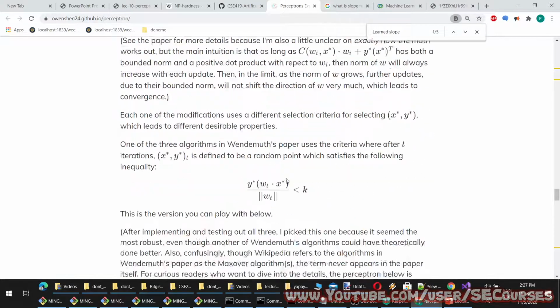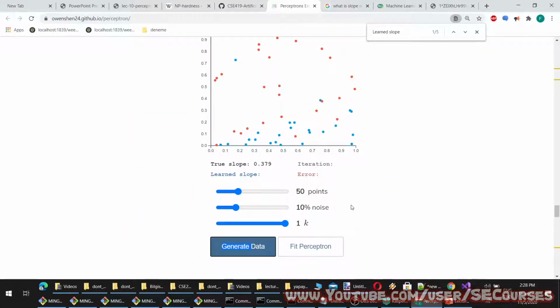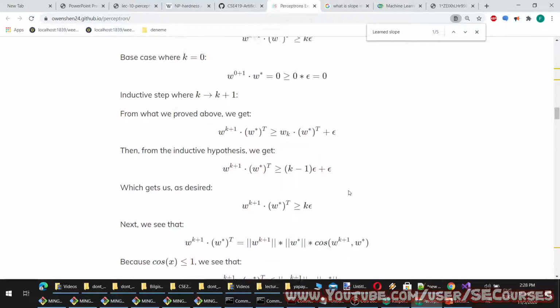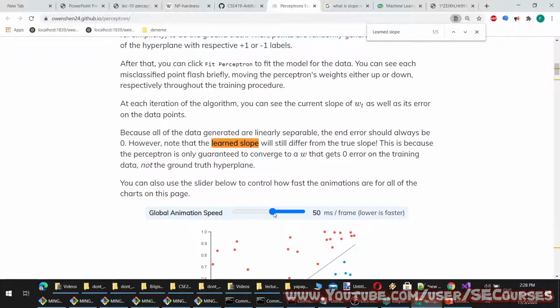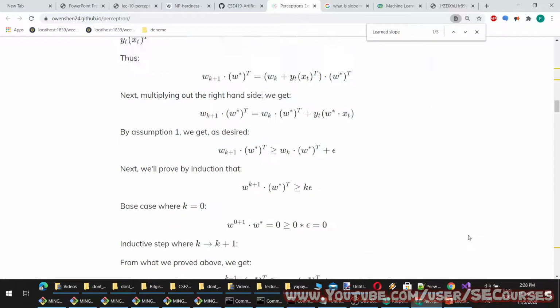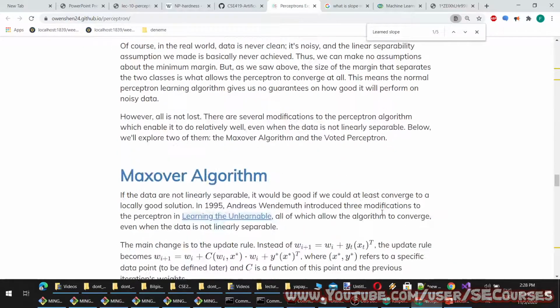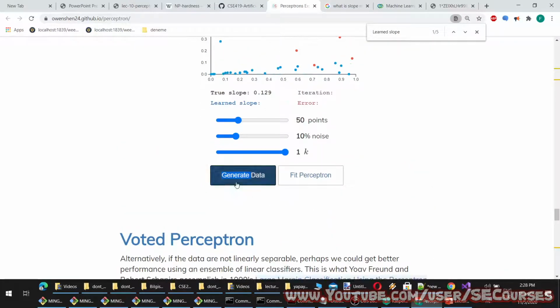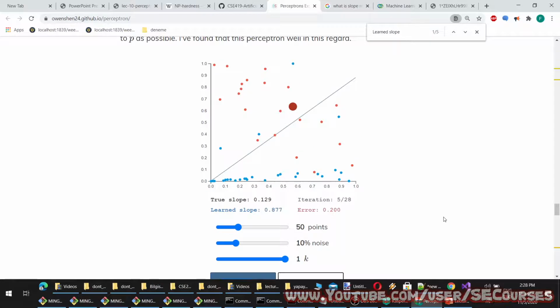So it took 29. I'm going to make the animation speed faster, 10 ms. And let's play with it.